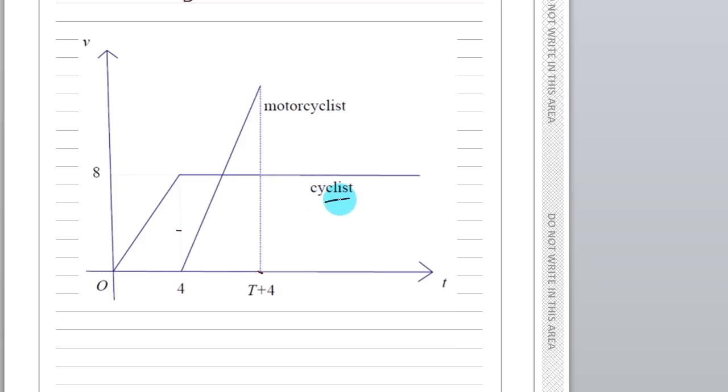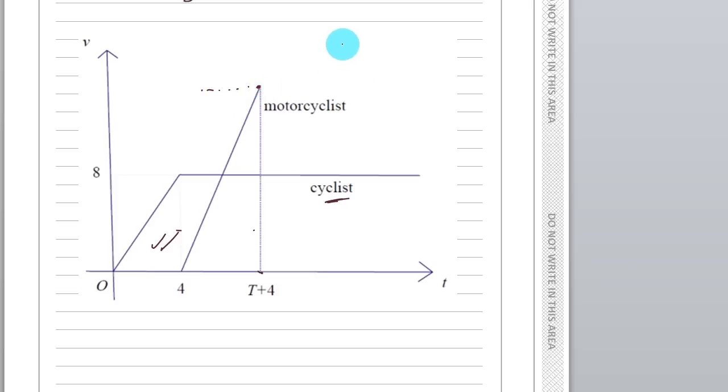So the distance of the cyclist would equal this triangle plus this rectangle. The distance of the motorcycle will be this triangle. We now need to find this v, this value.